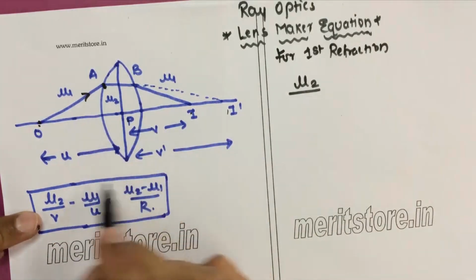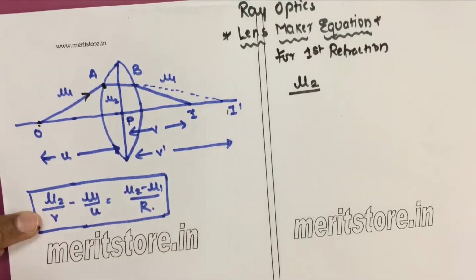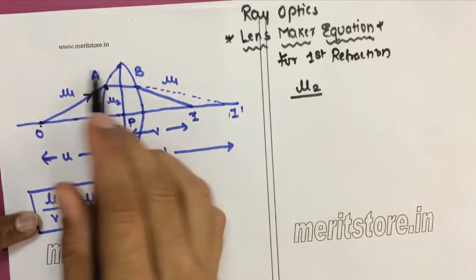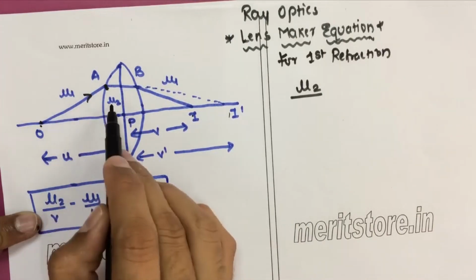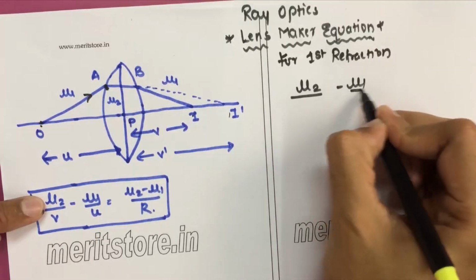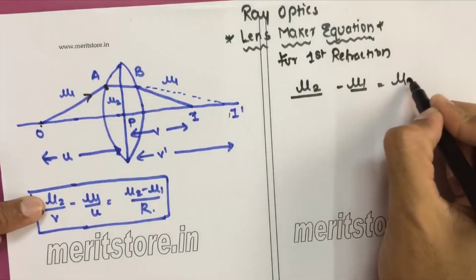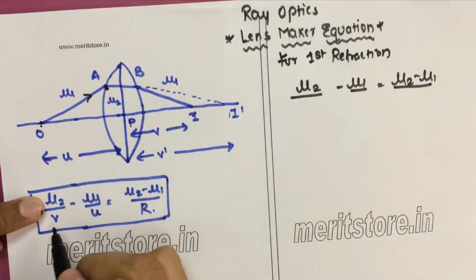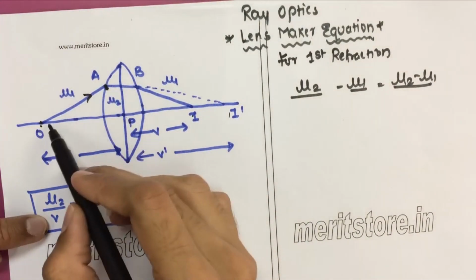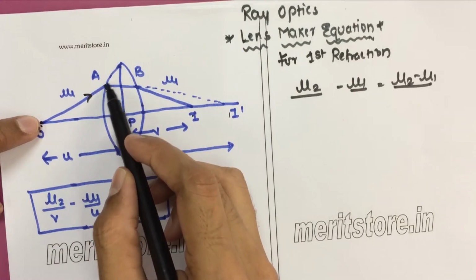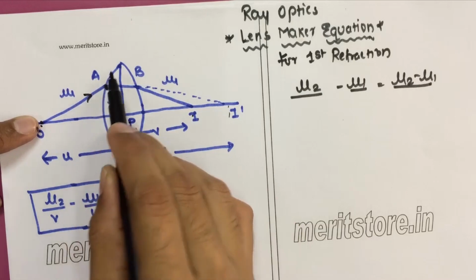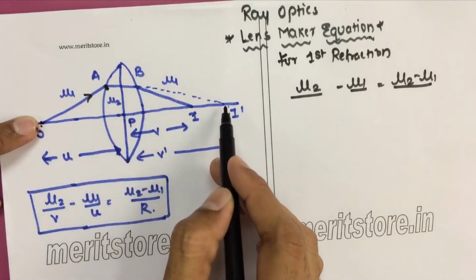This is the particular equation when the light is passing from refractive index 1 to refractive index 2. Similarly here also the same thing is happening. For the first refraction it is passing from mu1 to mu2, so we can take mu2 and mu1 in their own places, and even mu2 minus mu1 will be in its own place. Now V is the image distance. For this point A, the refracting surface A forms its image at I dash.